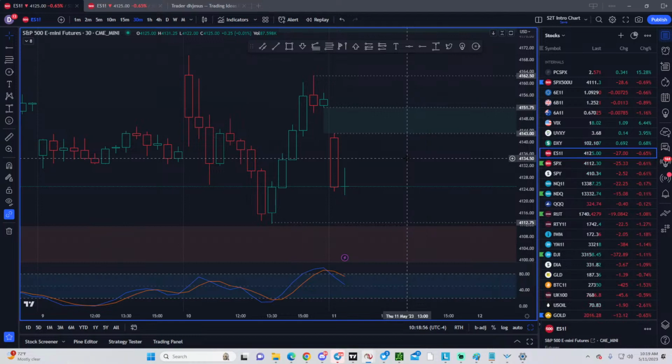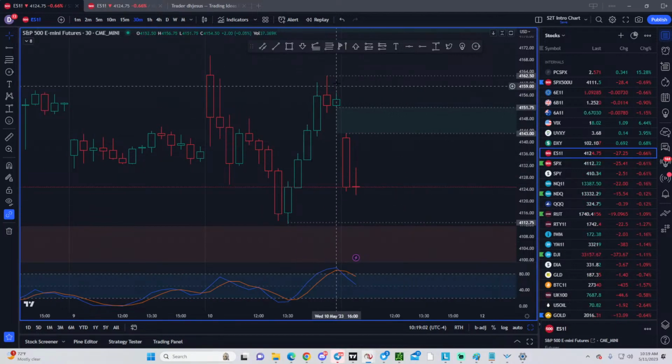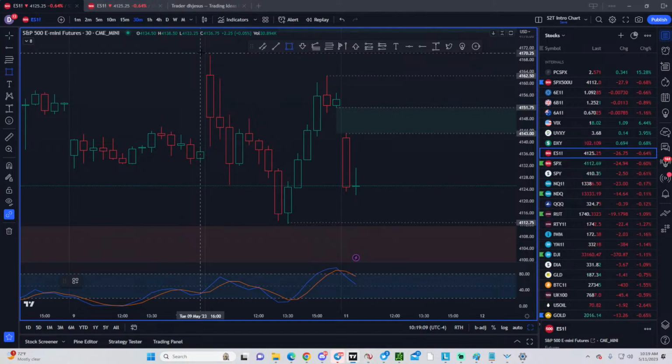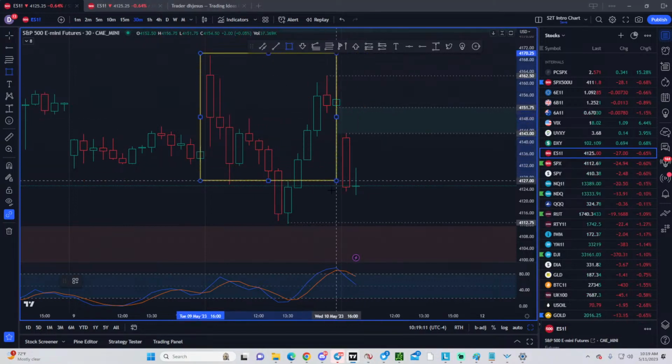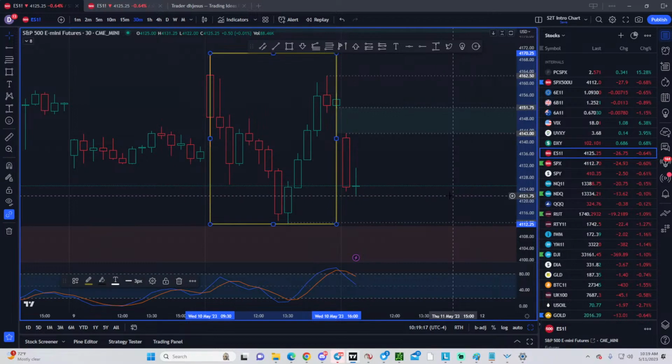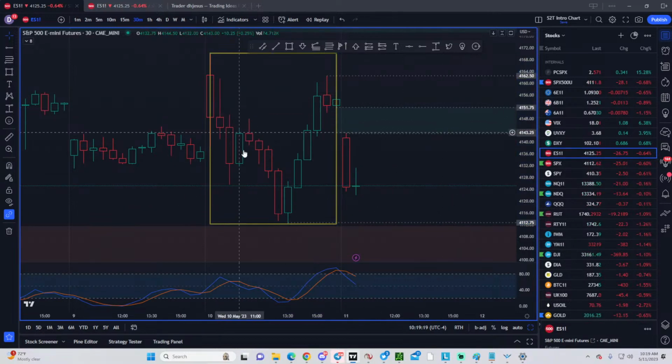However, from the market profile standpoint, this is not a gap because we have traded in here before. This is the session from yesterday, and there has been trading going on in that particular session here. So there's no gap in here, however, people will tell you that.